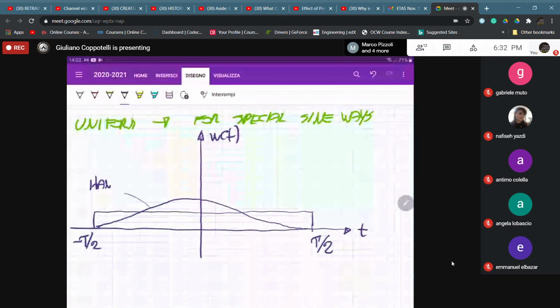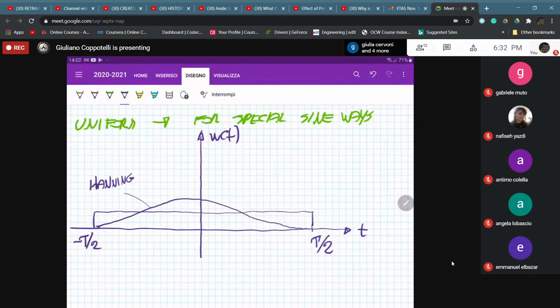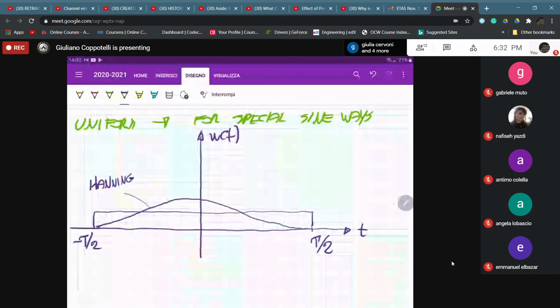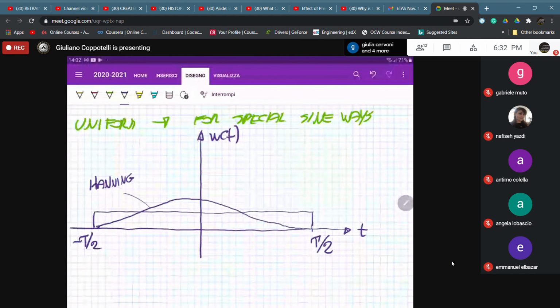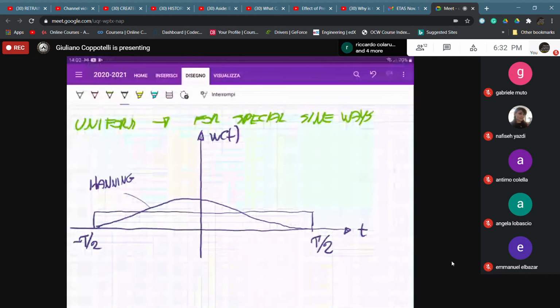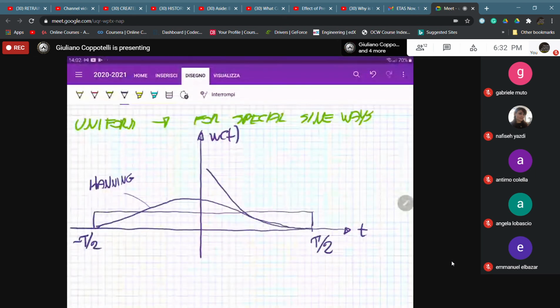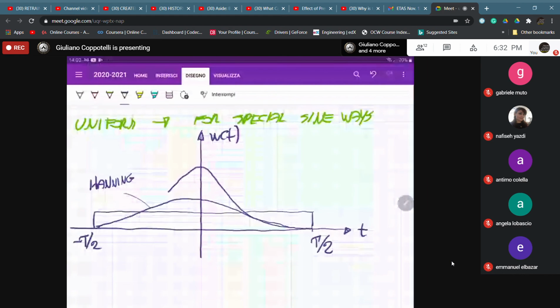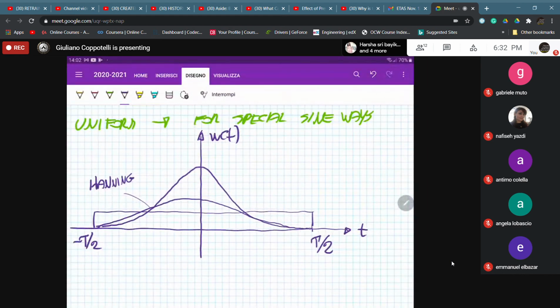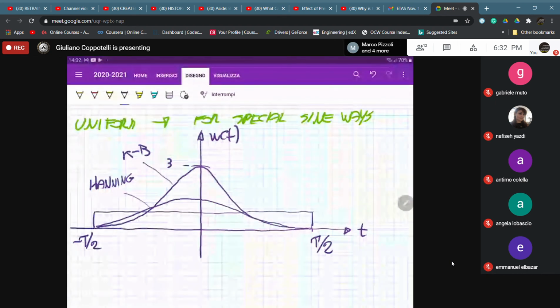Then we have the Kaiser-Bessel function. It is quite similar to this one, but a little bit higher in the value at the center of the observation time.